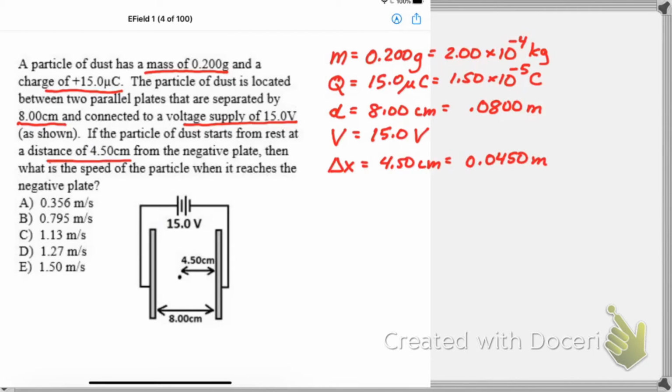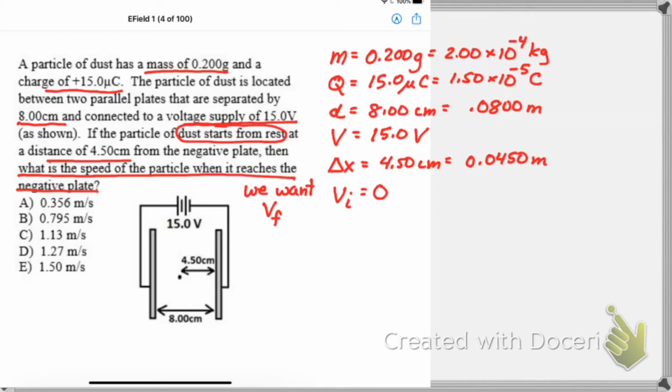This many numbers is a huge number of things. What am I looking for even? Oh, I'm looking for a speed, a final velocity. Oh, and along the way, the dust, it's a particle of dust, it starts from rest. So I know an initial velocity is 0. So many pieces.